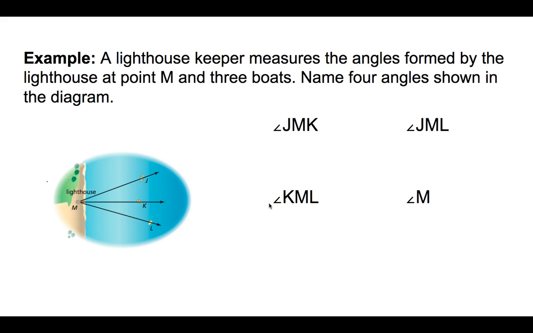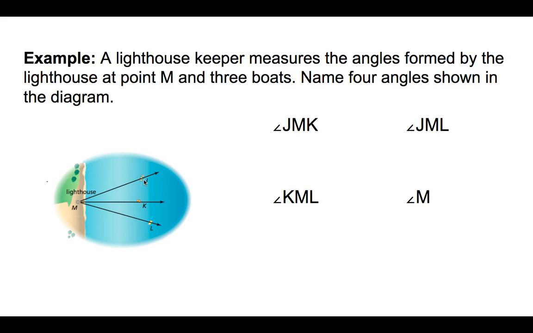So what we could say, and these are just a few, is we can name this angle JMK. Notice I go from the boat to the lighthouse and then to boat K. So that's an angle. Another angle is JML.